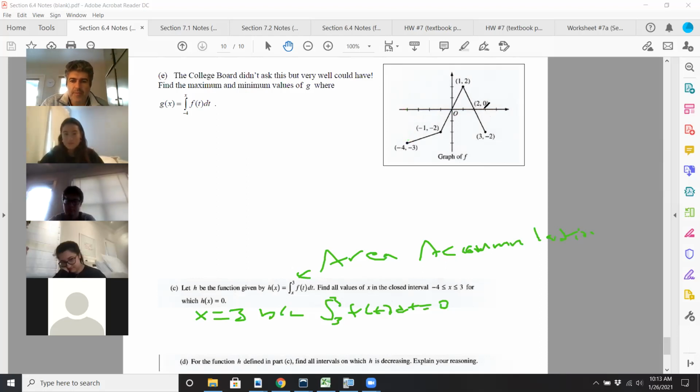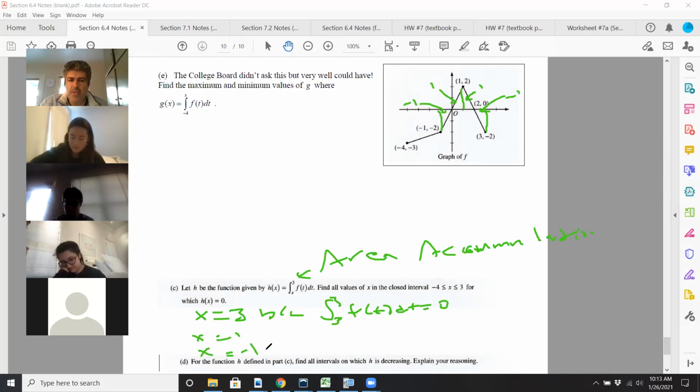Because you're going up to 3, and that of course is -1. That'd be a good place to put the integral. So x equals 1, for sure. Also over here, because that's also an area of 1 from 0 to 1, and that's an area of -1. So also at -1.